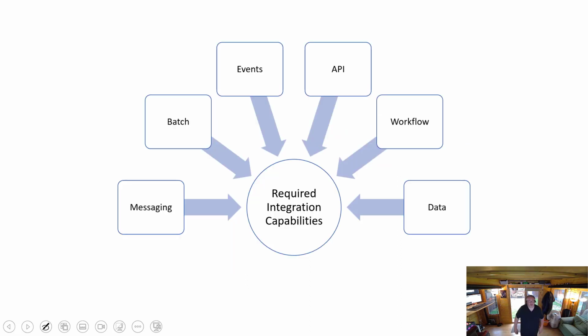Thinking back to our capabilities and requirements for integration right at the start of the presentation, the thing that we noticed is, although we've got new types of integration, we've still got all of these different patterns we need. So we need data, workflows, APIs, events, messaging, batch. There are others as well. These are the capabilities that your integration platform requires.